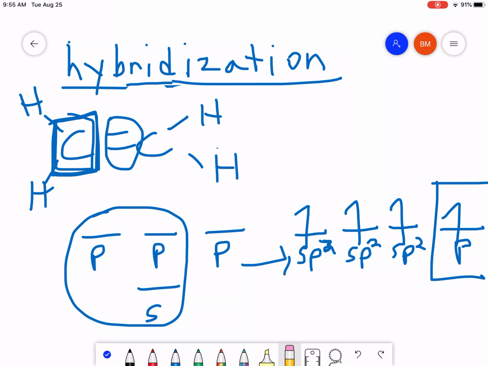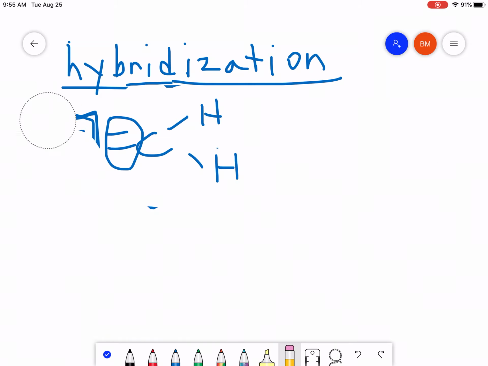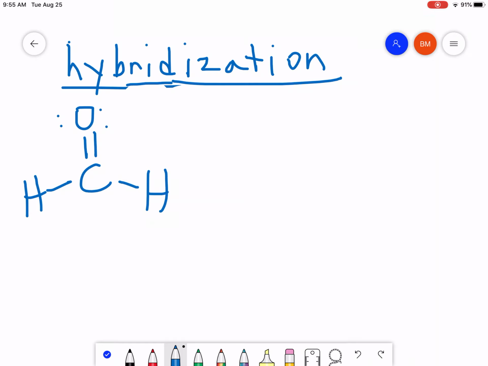Let me show you another example. All right, now in this case, we could look at either the carbon or the oxygen.